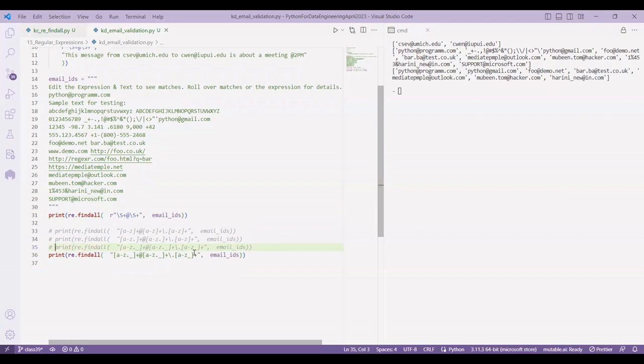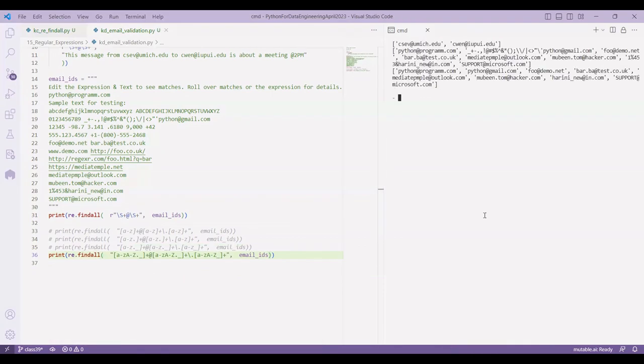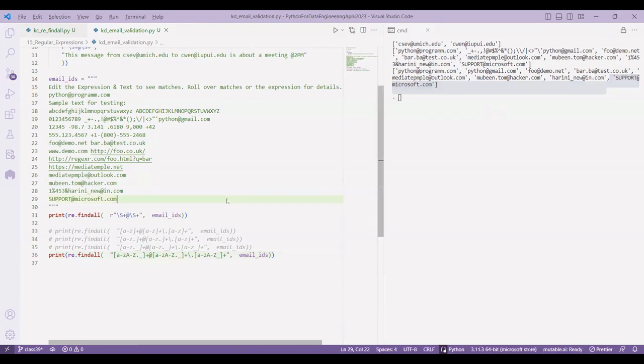But if it is text and you need to read the content, you need to ensure that you handle it. So I should say capital A to Z, and here also capital A to capital Z, and maybe in domain names also someone can write, right? If I do all the things now, did you see support at the rate of Microsoft.com? Okay. So like that, we should mature ourselves whenever we write a pattern.